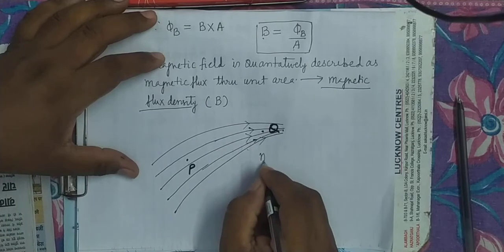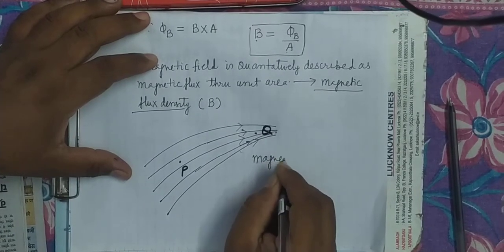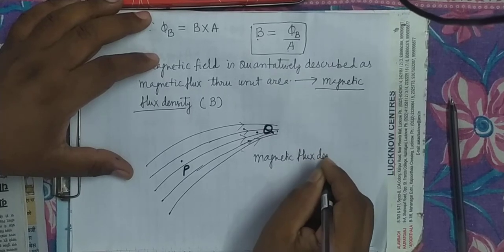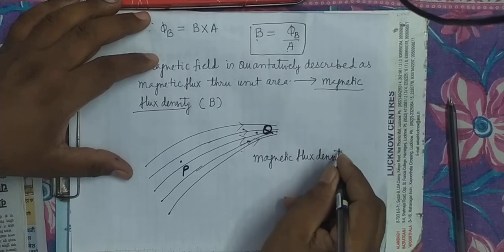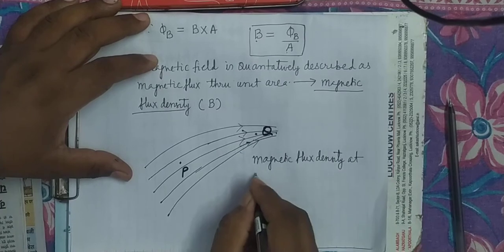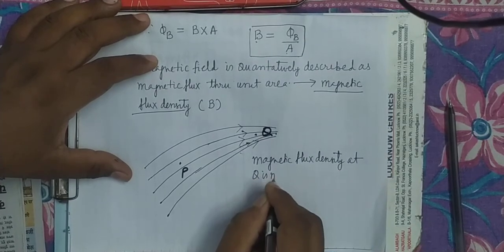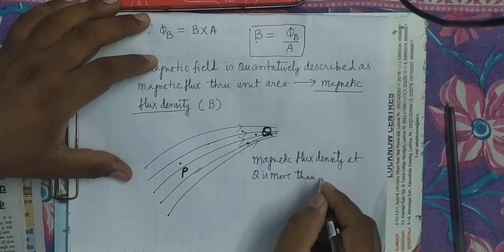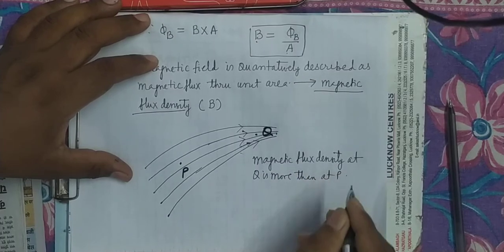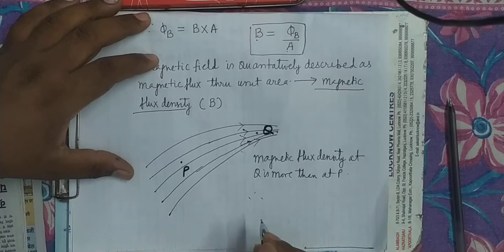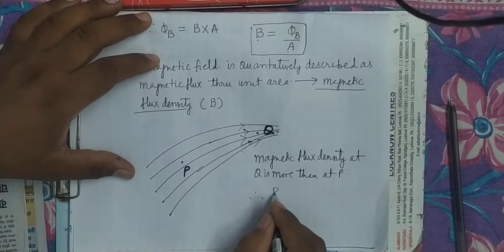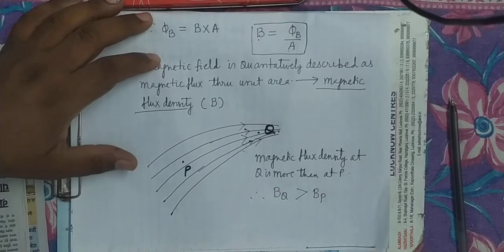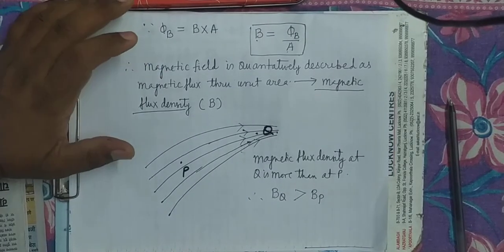Means magnetic flux density at Q is more than at P. Therefore, we can say that the magnetic field at the point Q is greater than the magnetic field at the point P.